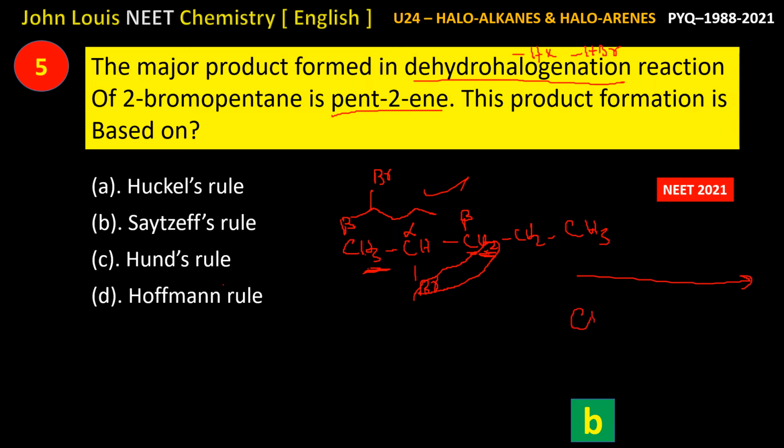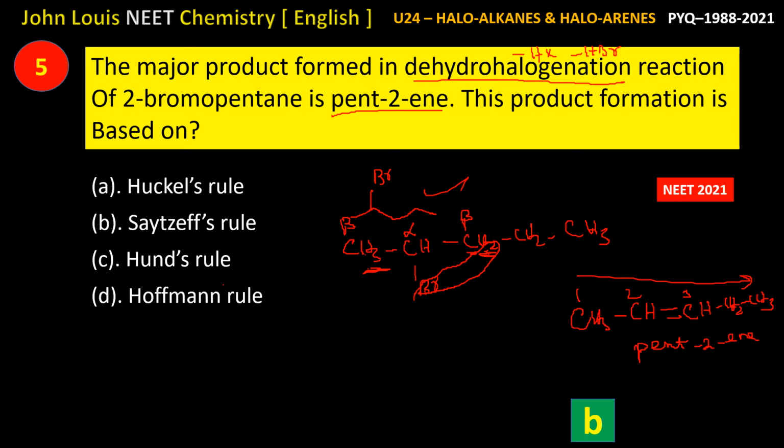You will get the product as what? CH3, CH, now you will get a double bond here, then CH, then CH2, CH3. What is this? Pent-2-ene. Pent, 5 carbons. Between second and third carbon, there is a double bond. Therefore, pent-2-ene. So this is what is given as major product.